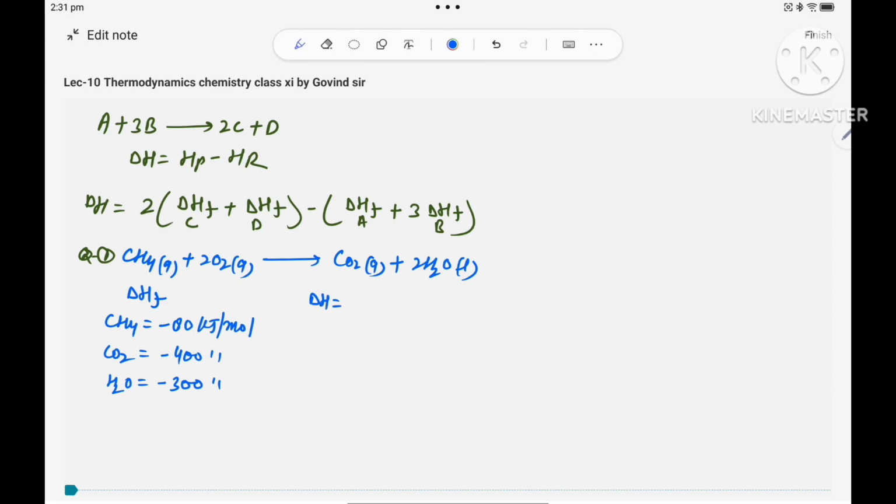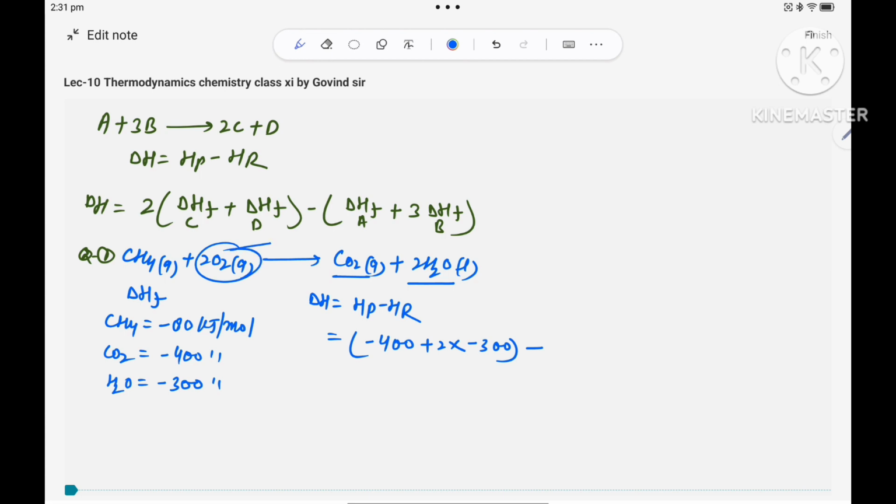So what is the formula? Delta H is equal to delta HP minus delta HR. So product CO2 and this is H2O. So it will be minus 400 CO2, 400 plus 2 into minus 300 product side, then reactant what we are having, this is O2 free elemental state.